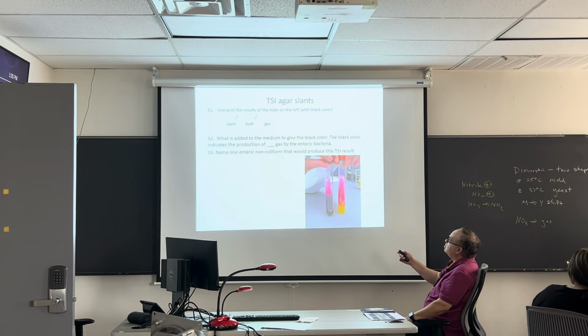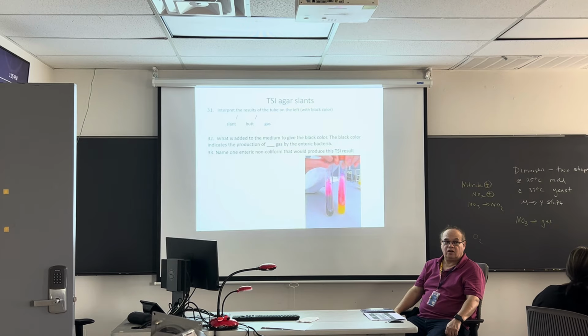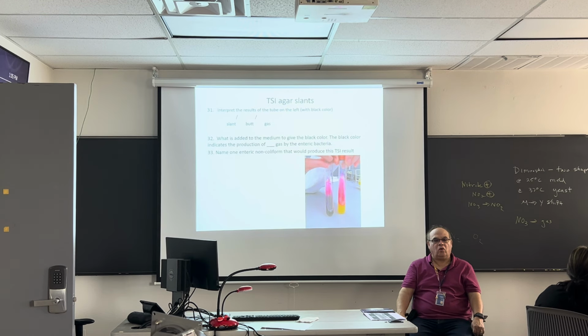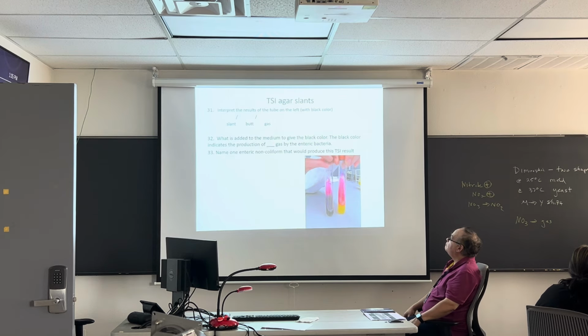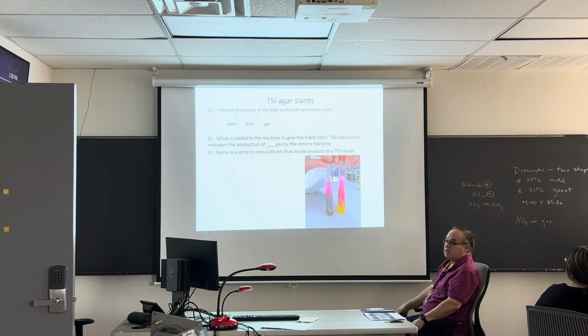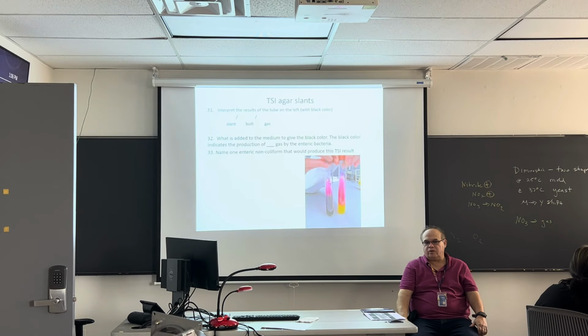So what is added to the medium to give the black precipitate, or the black color? Ferrous ammonium sulfate, or iron. I-R-O-N. Okay? I'm not going to ask this question because I did not talk about it. I will not ask the questions that have not been talked about.